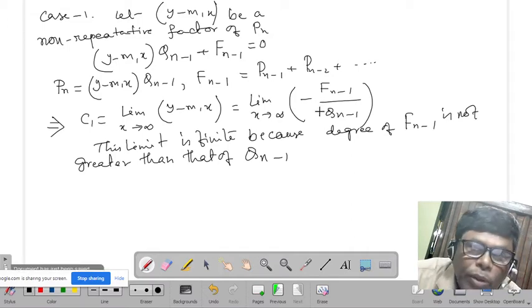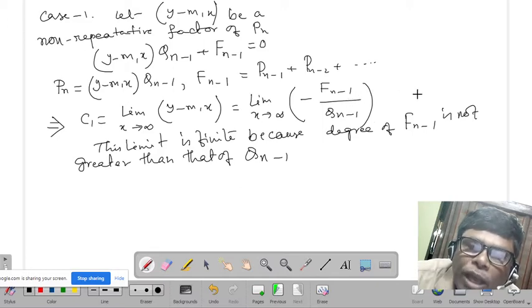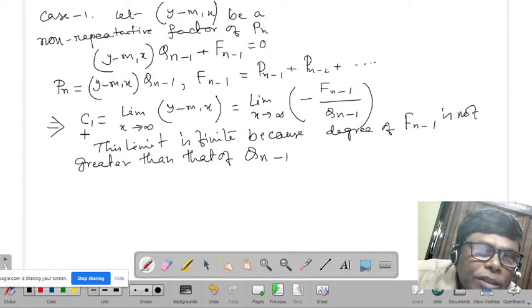Have you understood this one? The degree of this term is not greater than this term. If it is greater, then x or x square or x cube, some power of x, will appear in the numerator, and as x tends to infinity, the numerator will go to infinity. That means since this is not greater than that of this, this limit will be a finite limit, so we are getting C1.